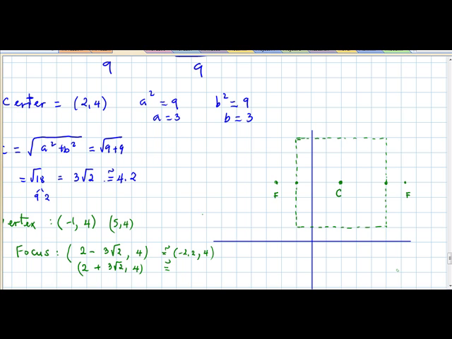Then this one is approximately 6.2. You put it in your calculator, it's the same thing.